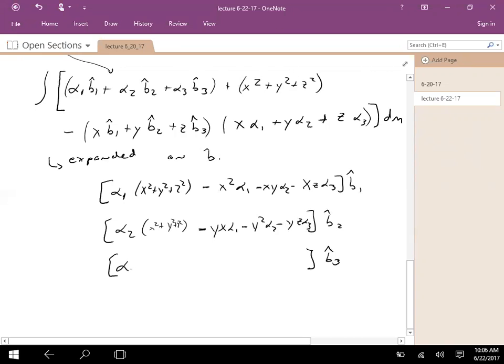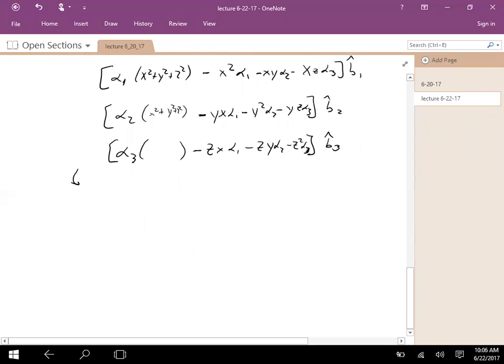And then finally, alpha 3 times that magnitude minus zx alpha 1 minus zy alpha 2 minus z squared alpha 3. Okay, did that. And then we're almost there actually. He didn't know it, but we do. We know what he ended up with.